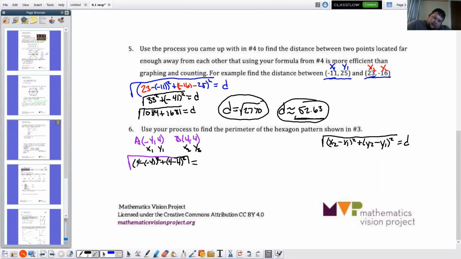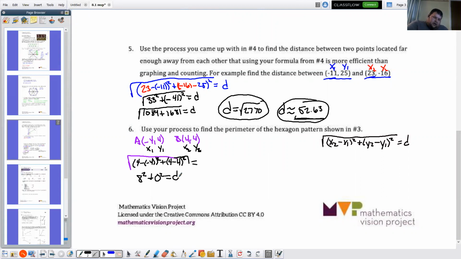Okay. That's going to give me 4 minus -4, which gives me 4 plus 4, which is 8 squared, plus 4 minus 4 is 0 squared equals distance.